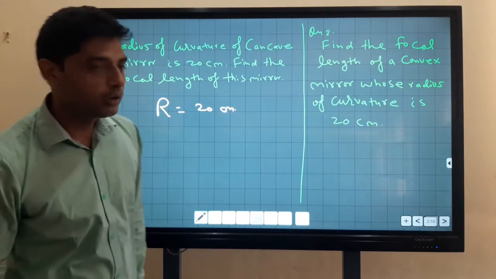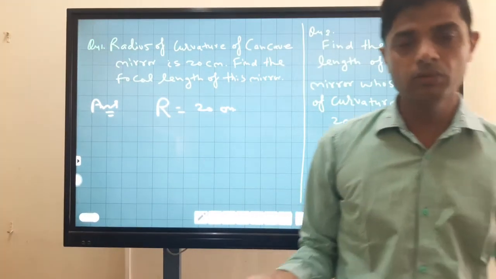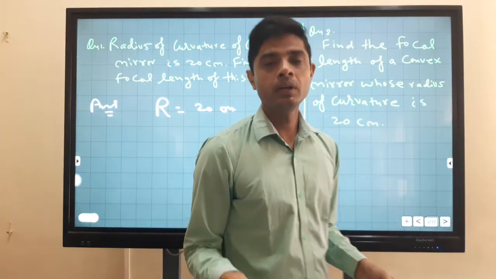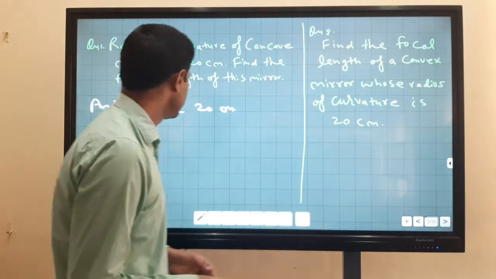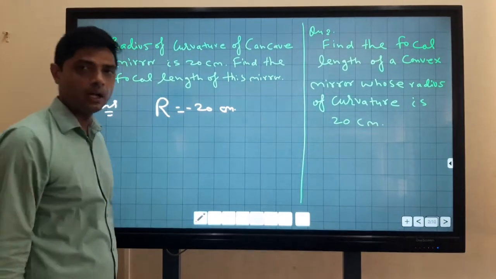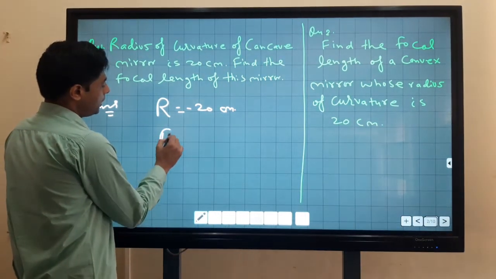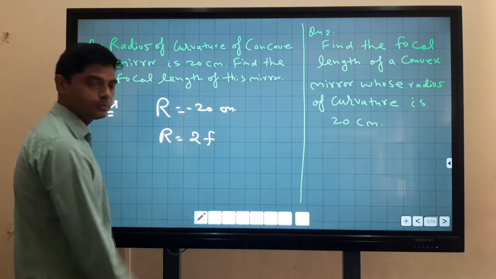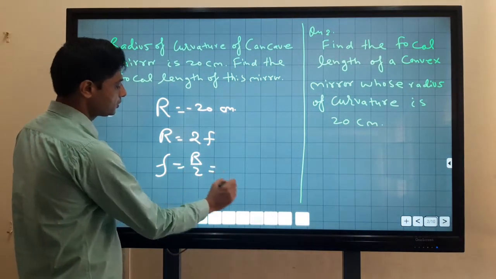As you know, a concave mirror is a converging mirror. It means it converges rays of light. It means it forms the image in front of the mirror. It means the radius of curvature is negative. And as you know, R equals 2F, so F equals R by 2.